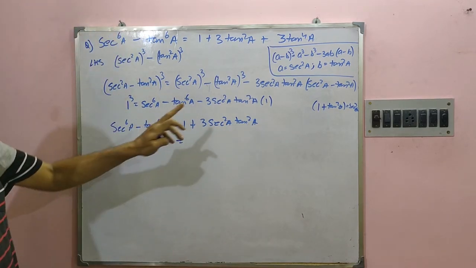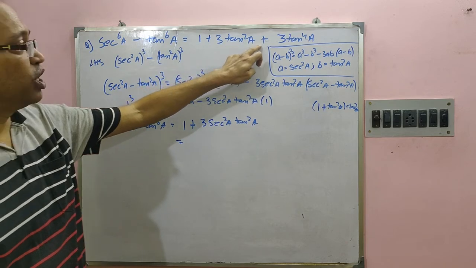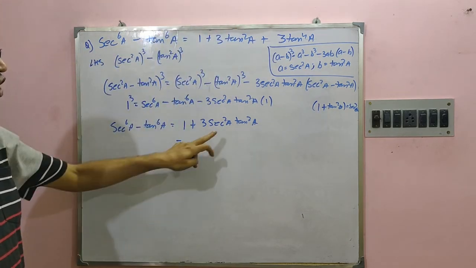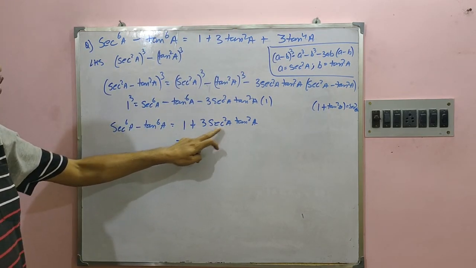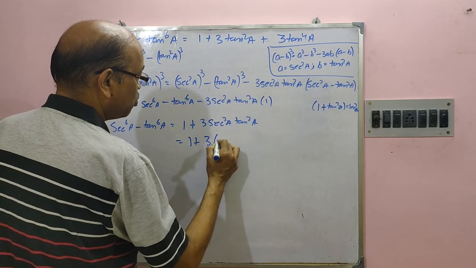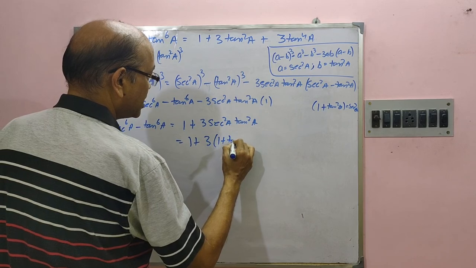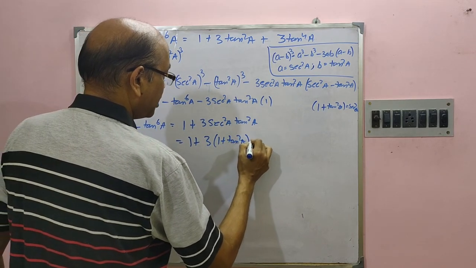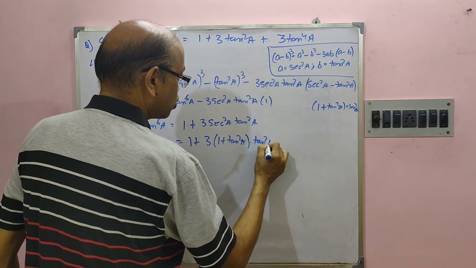Now in my right hand side I am seeing there is only tan, there is no secant. So convert the secant into 1 plus tan square a into tan square a.